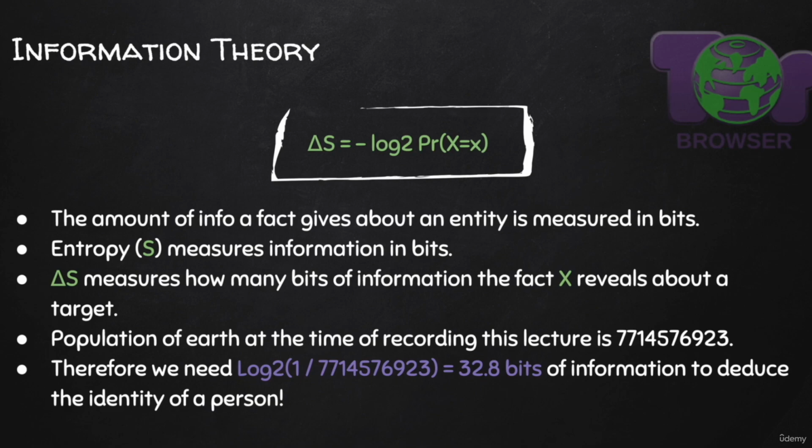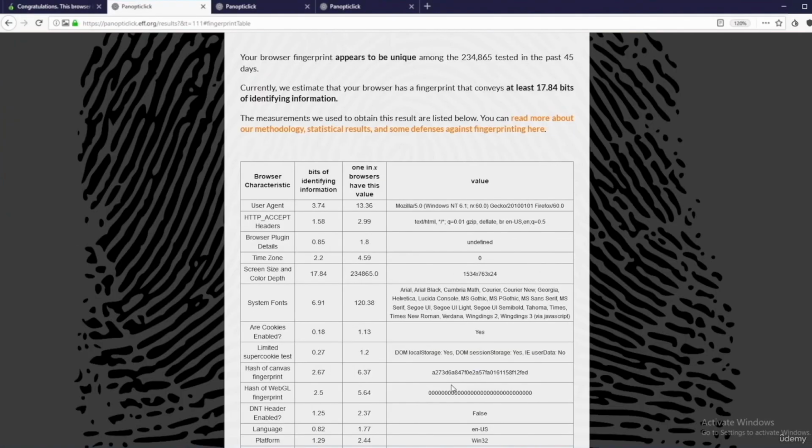So, going back to what we had here, you can see the browser in the medium security settings is already revealing 17.8 bits of information about you. So all that's left is only 15 bits of information, and locating you will be relatively easy. Now granted, some of the information that we see here is incorrect, such as the screen size, because we don't have the screen in full screen, but you get the idea.